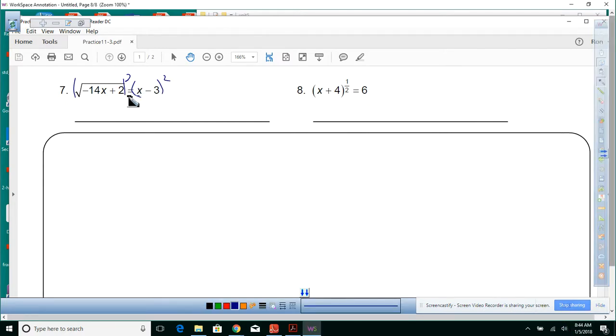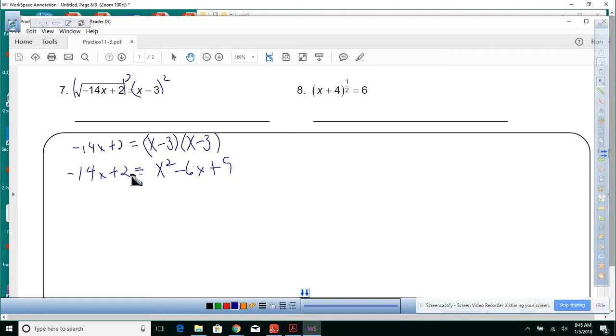All right. So you got x minus 3. So that's going to give you negative 14x plus 2 equals x minus 3 squared. Now you got to multiply that. So that means x minus 3 times x minus 3. So you got negative 14x plus 2 equals x times, that's going to be x squared minus 6x plus 9.